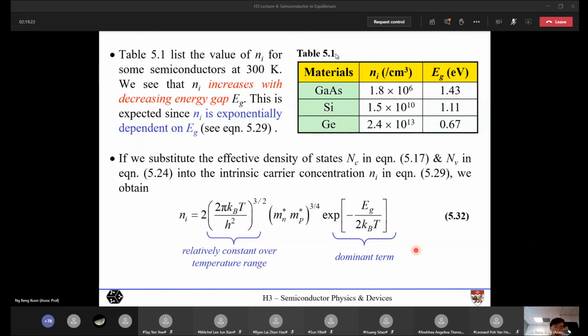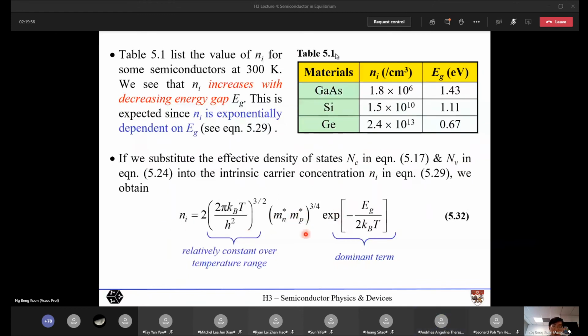Although there's a T in the term multiplying the exponential term, this T would have a lesser influence on Ni because it's only T to the power of 3 over 2. Whereas the T in the exponential function would have a larger influence, in the sense that a small change in this T will result in quite a big change in the exponential value, because the exponential function amplifies the change, right?